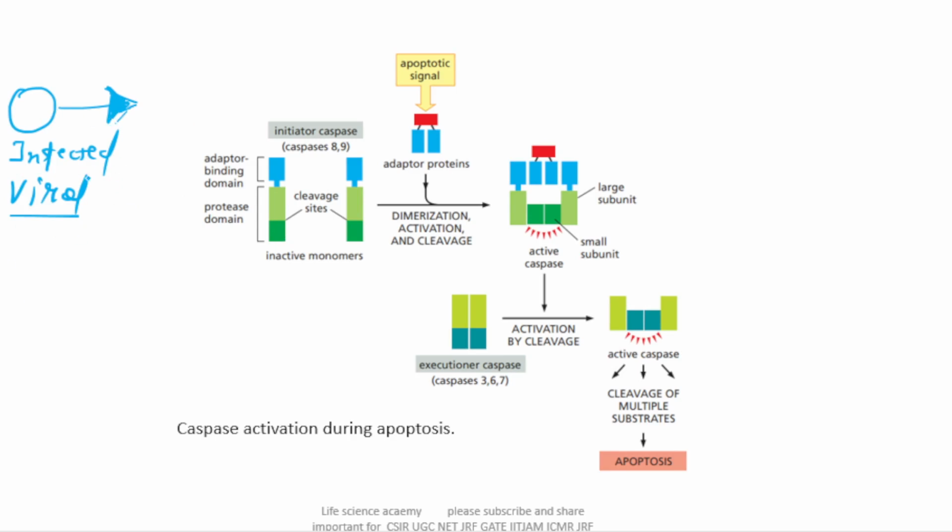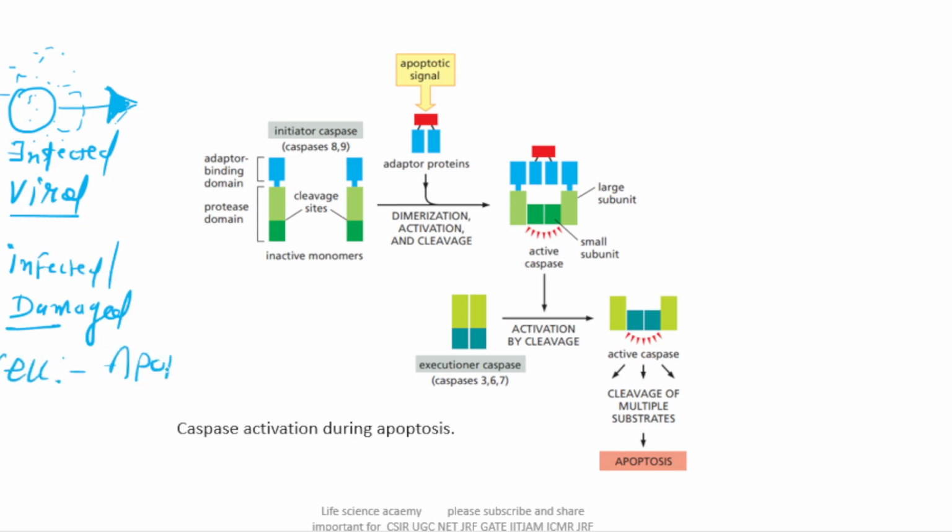We have a mechanism, which is apoptosis. If the cell dies, its neighboring cells are protected from that infection. So in the apoptosis process, the infected cell, or damaged cell, also enters into the pathway of apoptosis.